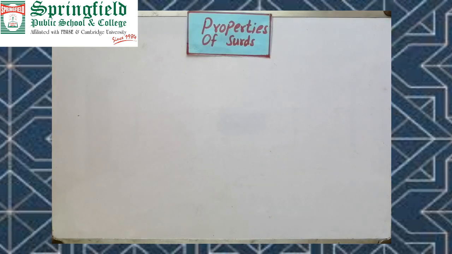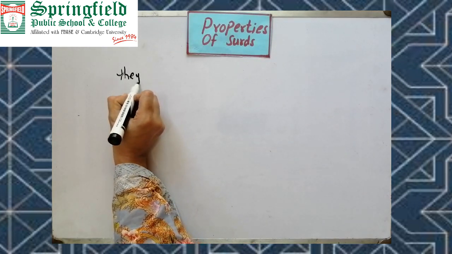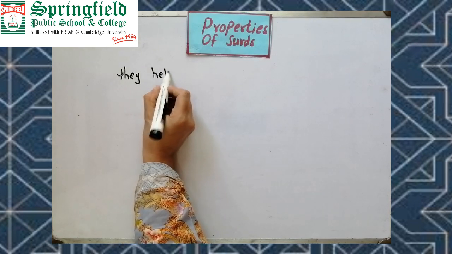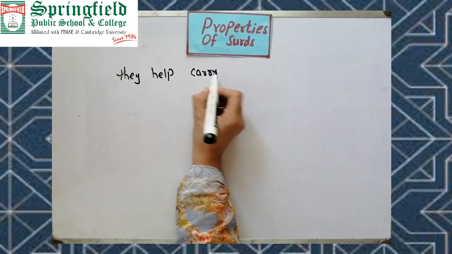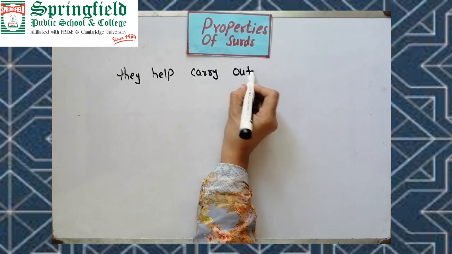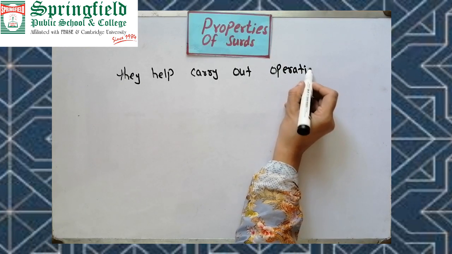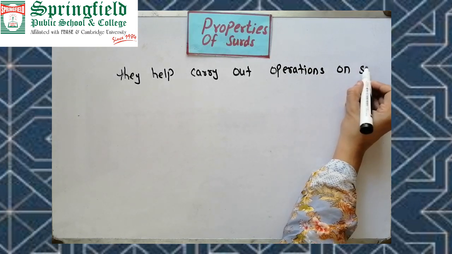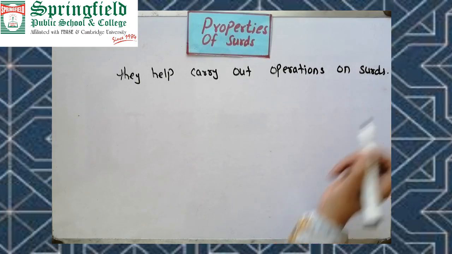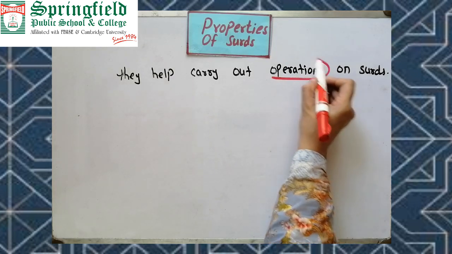Okay. Now properties of surds. Okay beta, they help carry out operations on surds.